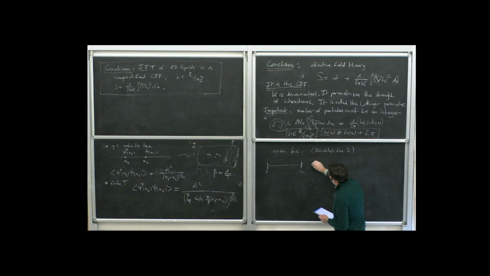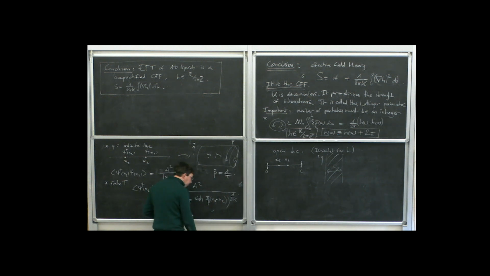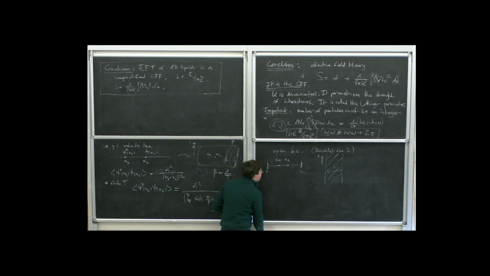We are interested again in, say, the 2-point function, x1, x2. Now in imaginary time, this maps to a problem on an infinite strip of width L. Again, you can use a conformal map to the upper half plane, compute, and the result looks like this.